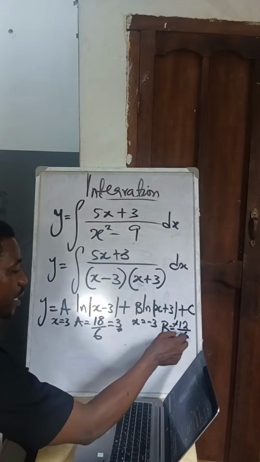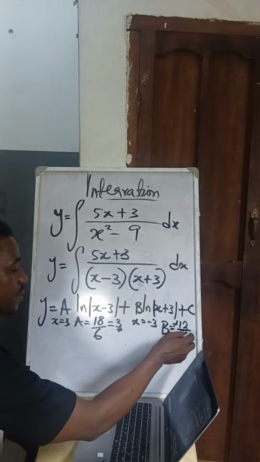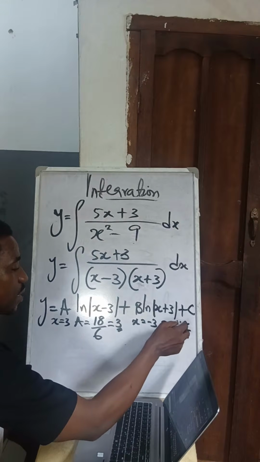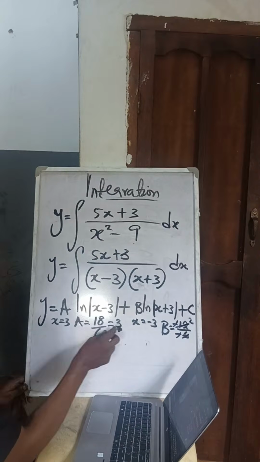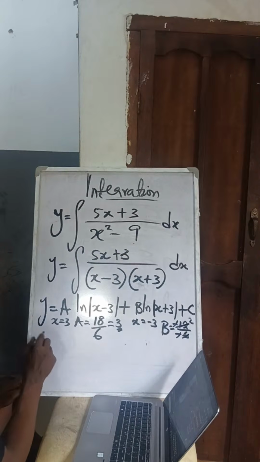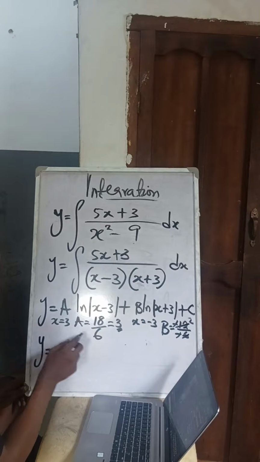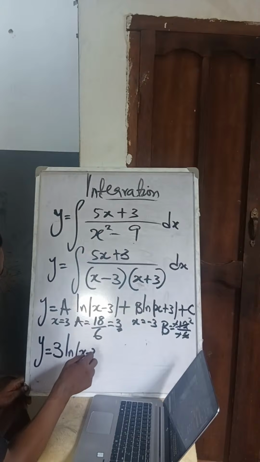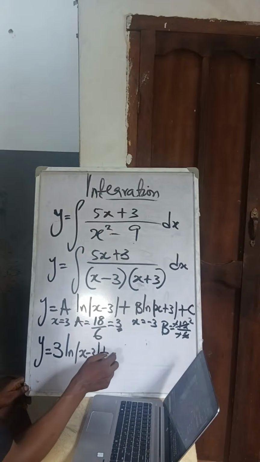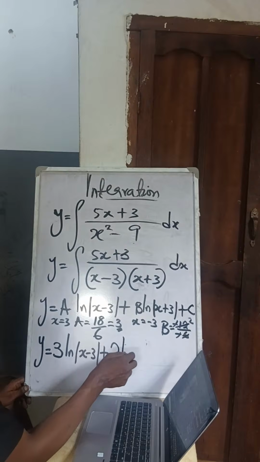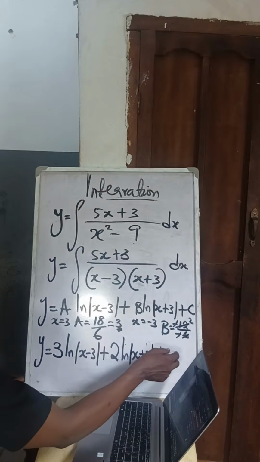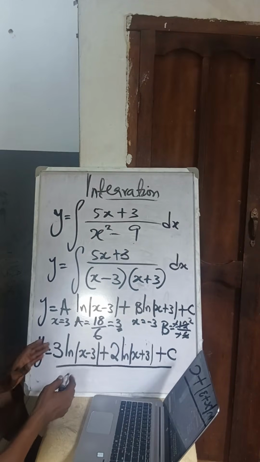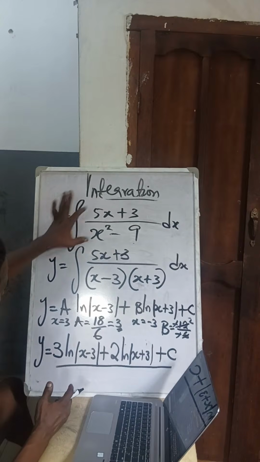So we cancel out minus. 12 divided by 6 will give us 2. So if A is 3, B is 2. So we now write our final solution as 3 in x minus 3 plus 2 in x plus 3 plus c. This is the final solution for this question.